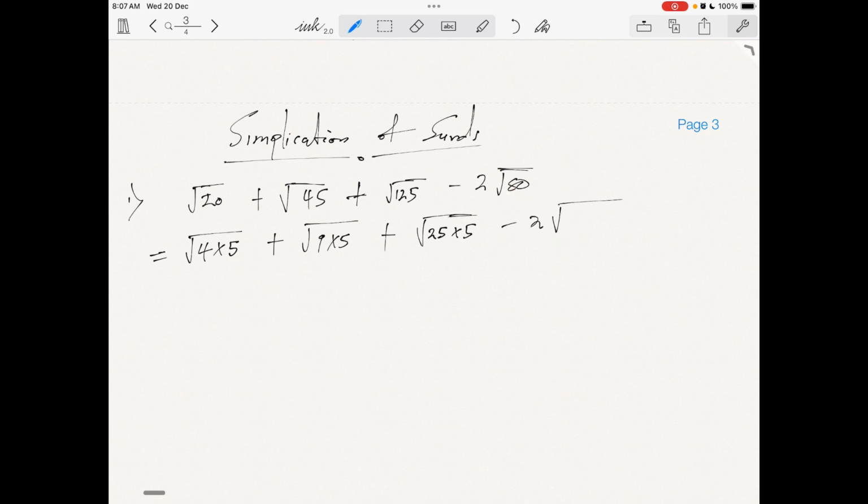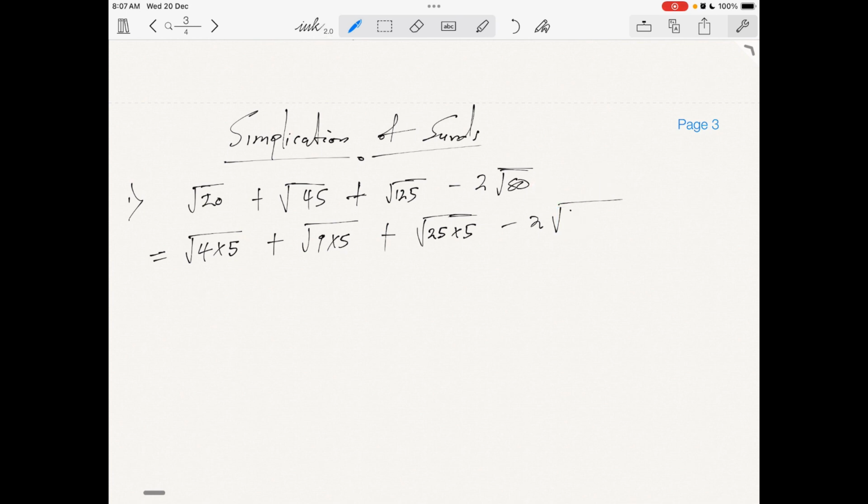So root 80 is the same thing as, let's take a look at this now. If we divide 80 by 5, we'll be left with 16.